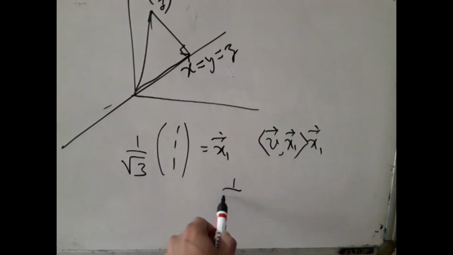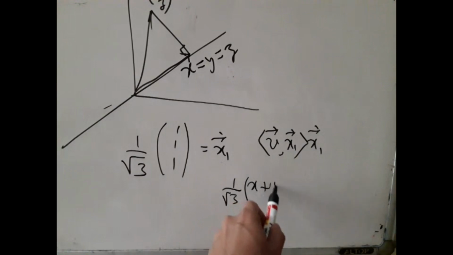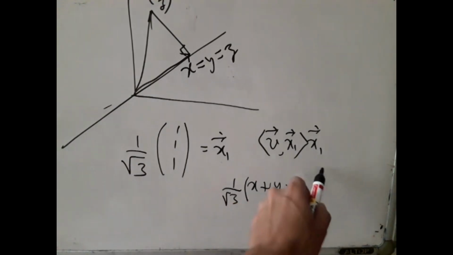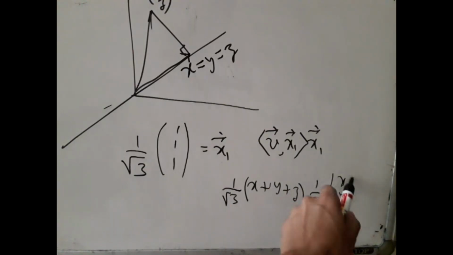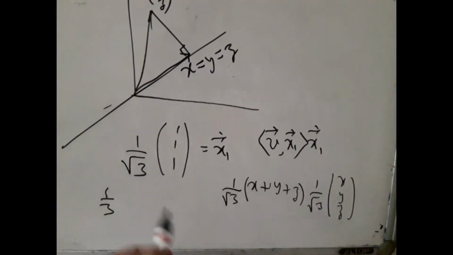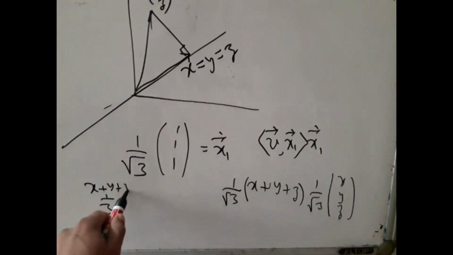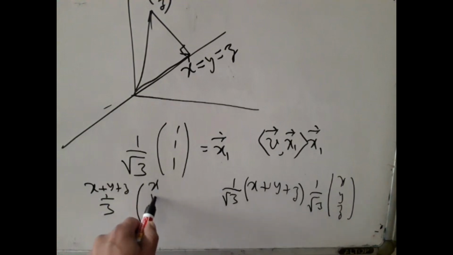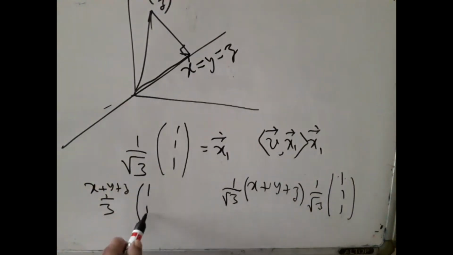So it is 1 over root 3 times (1, 1, 1) with this, which is simply x plus y plus z. And then my x1 vector, so yet another 1 over root 3 times (1, 1, 1). So the two 1 over root 3's give me a 1/3, and now I can easily see it has to be x plus y plus z, then x, y, I'm sorry, I just did it wrongly. It should be 1, 1, 1.